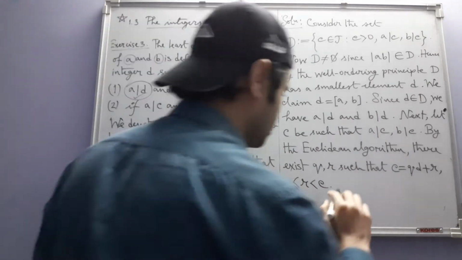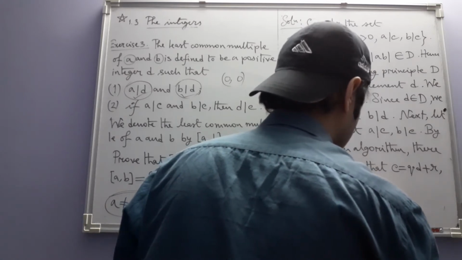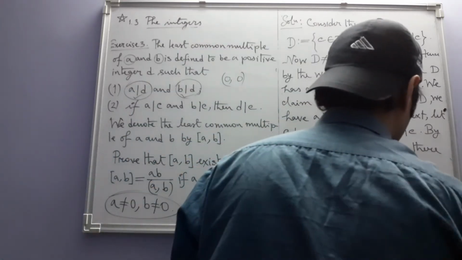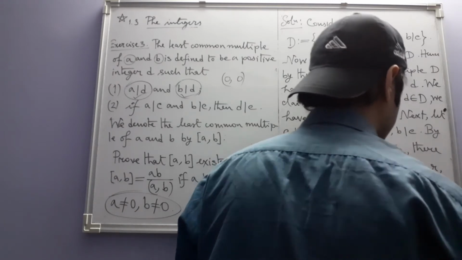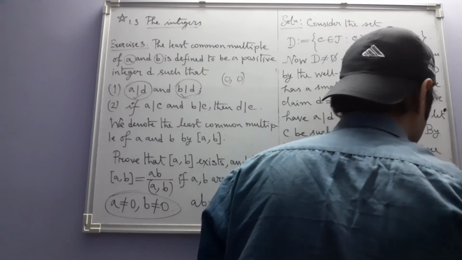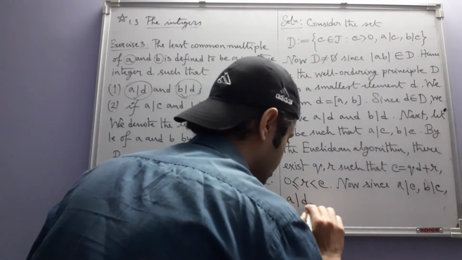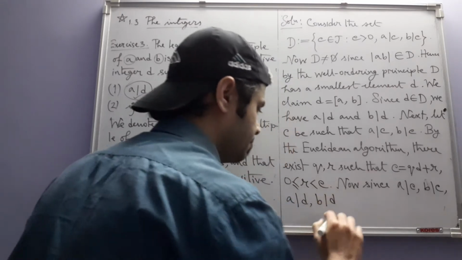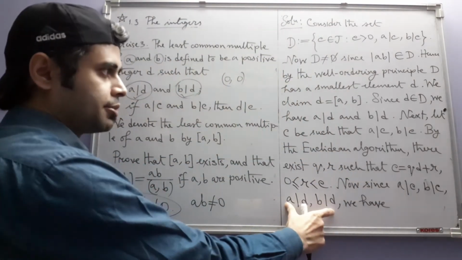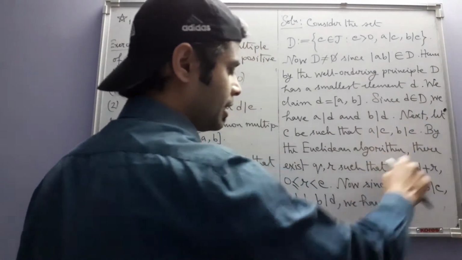Okay. Now, since A divides, no, not D, A. Since A divides C, or B divides C, A divides D and B divides D, we have these two relations coming from the fact that D belongs to capital D, and these two are things we have assumed.